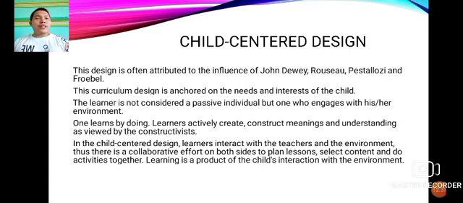In the child-centered design, learners interact with the teacher and the environment. There is a collaborative effort on both sides to plan lessons, select content, and do activities together. Learning is a product of the child's interaction with the environment.